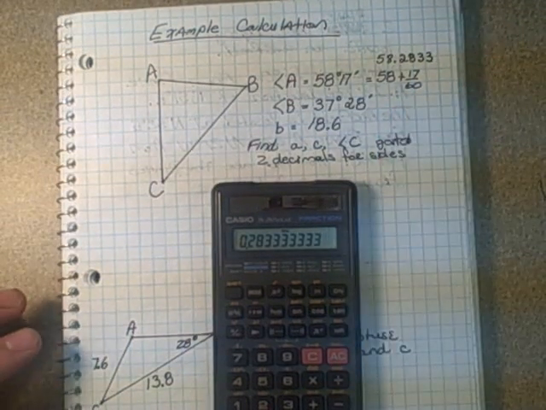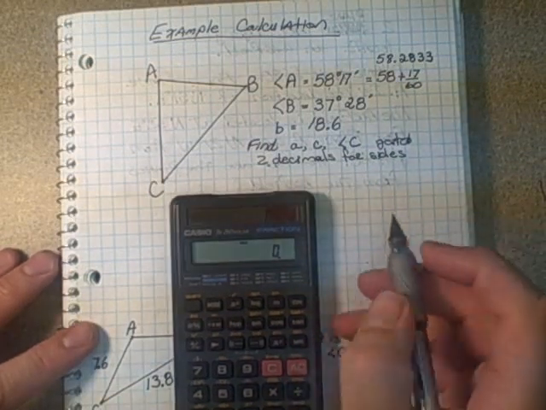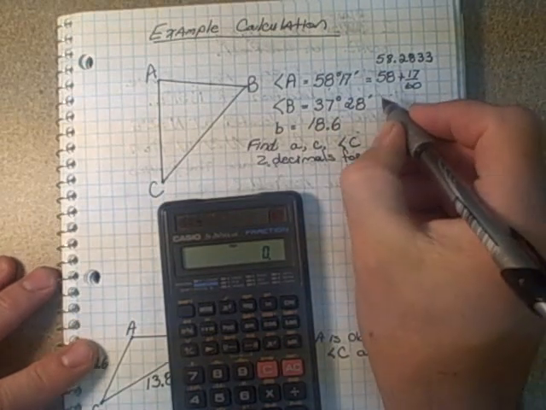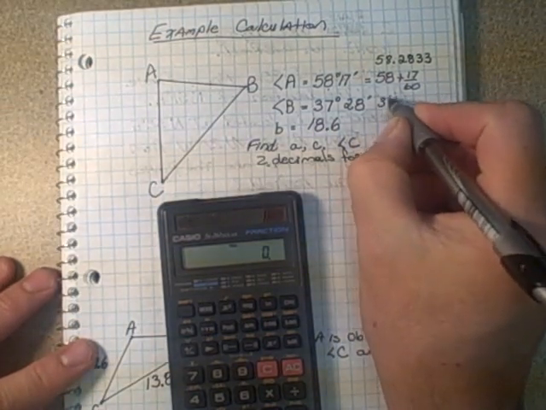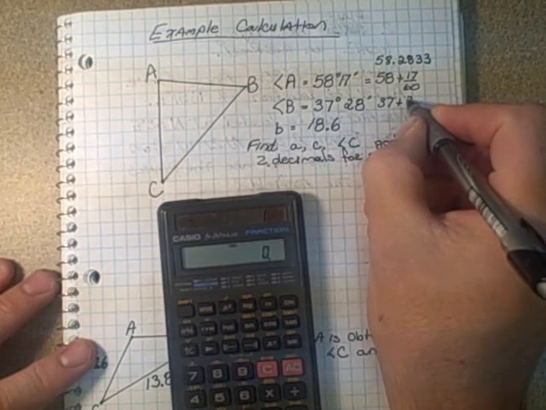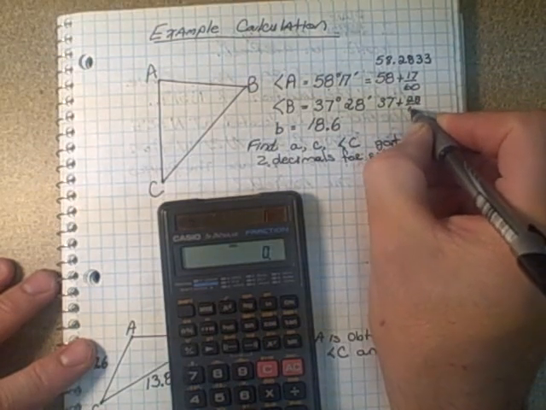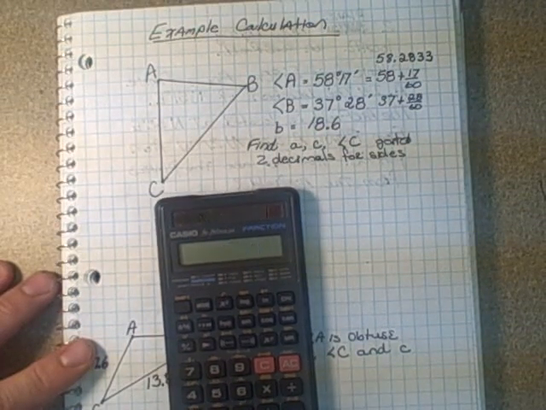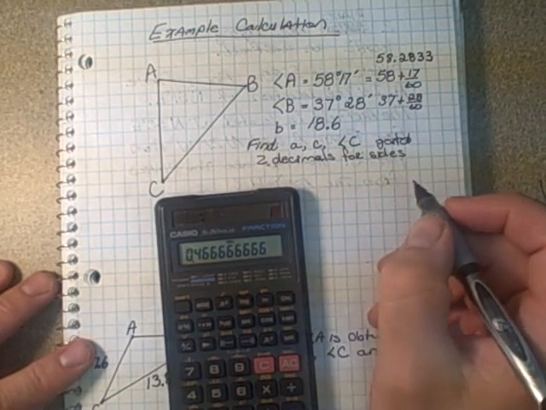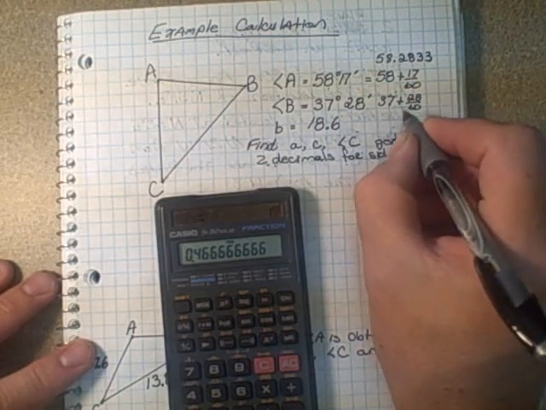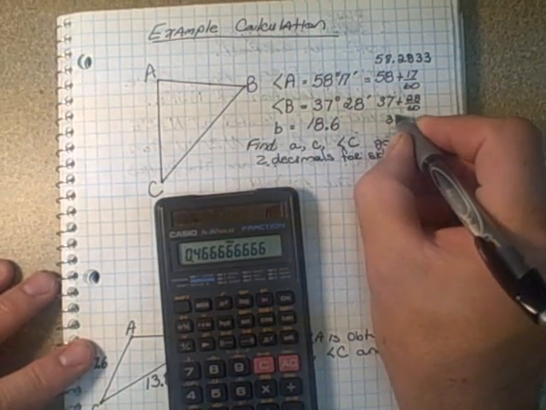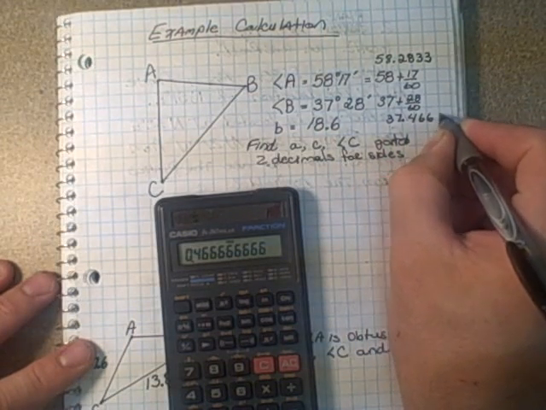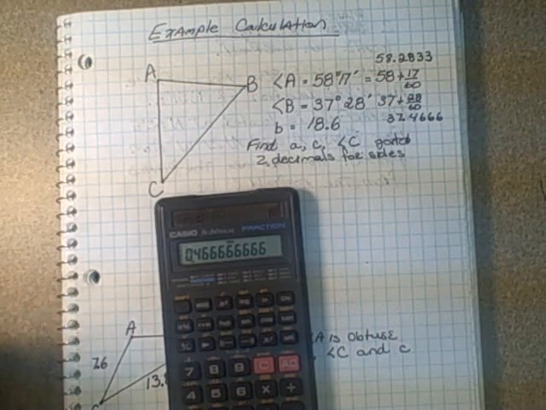Same thing for our angle B. That's 37 degrees and 28 minutes. So we have to go 37 plus 28 over 60 degrees. We'll put that into our calculator, and that would be 37.4 with a repeating 6.